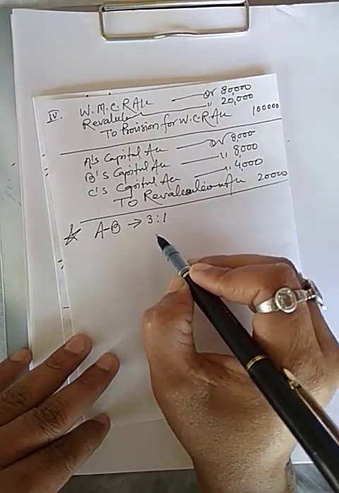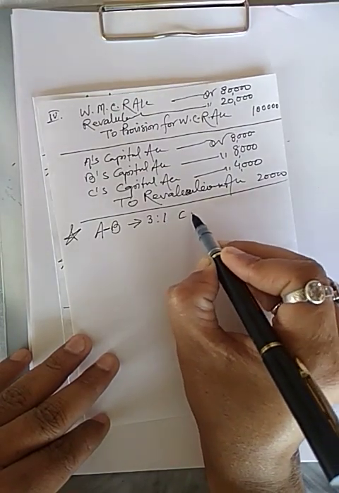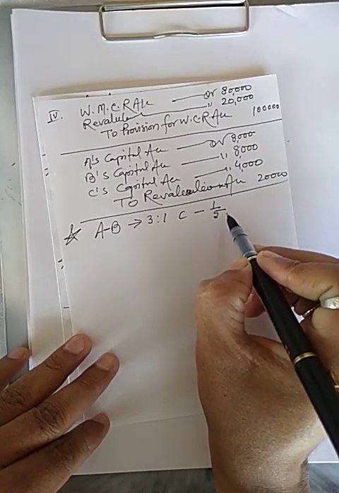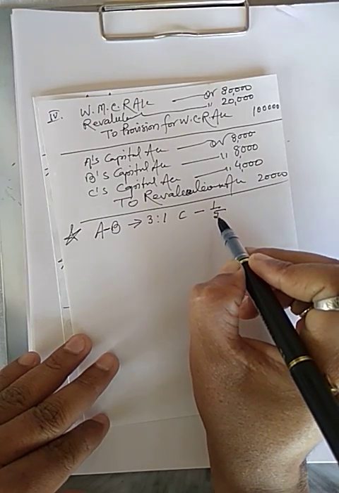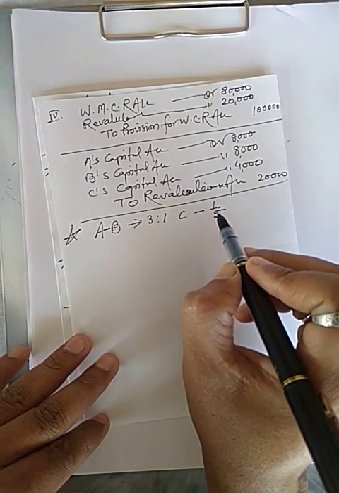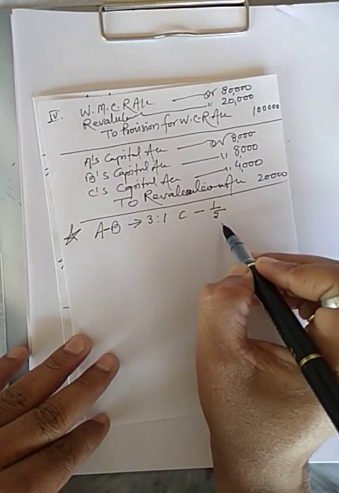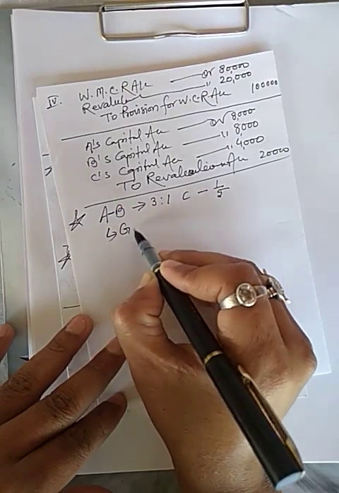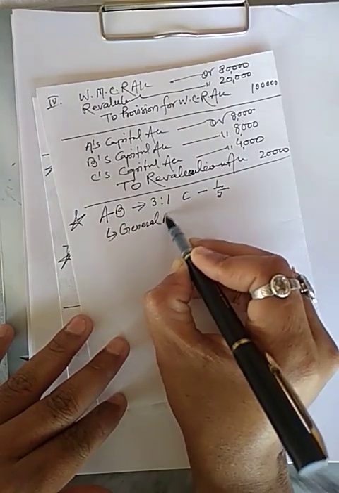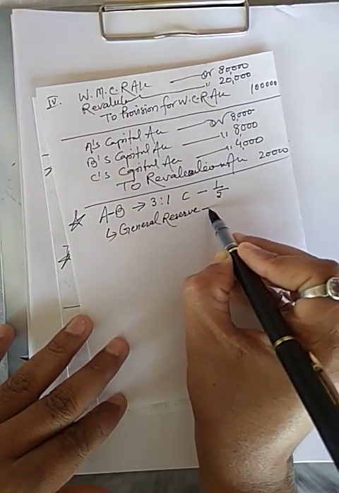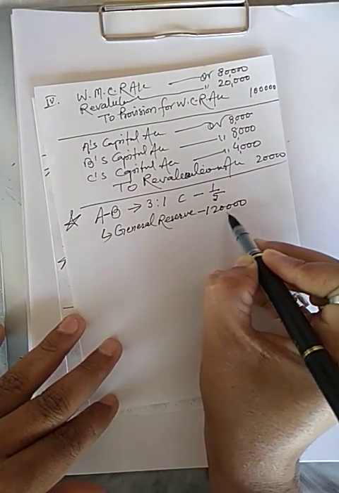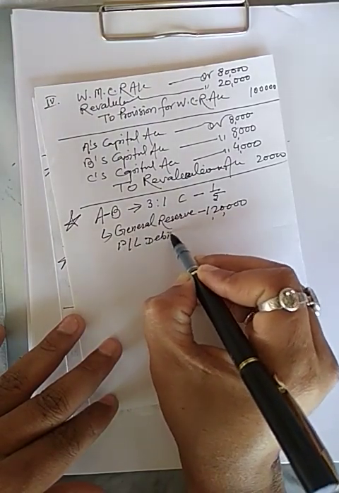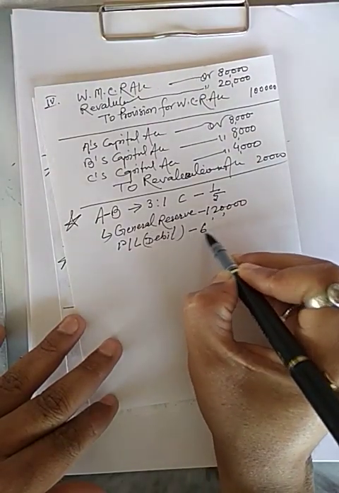On 1st April 2015, they admitted C as a new partner for 1/5 share in the profit sharing ratio. On the date of C's admission, the balance sheet of A and B shows a general reserve of rupees 1,20,000. The P&L account debit balance is 60,000.